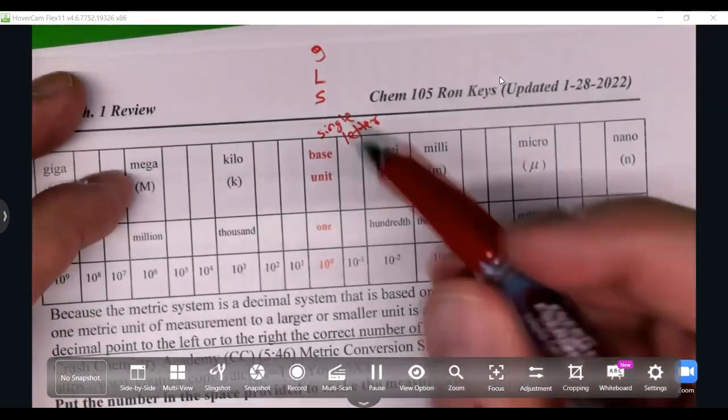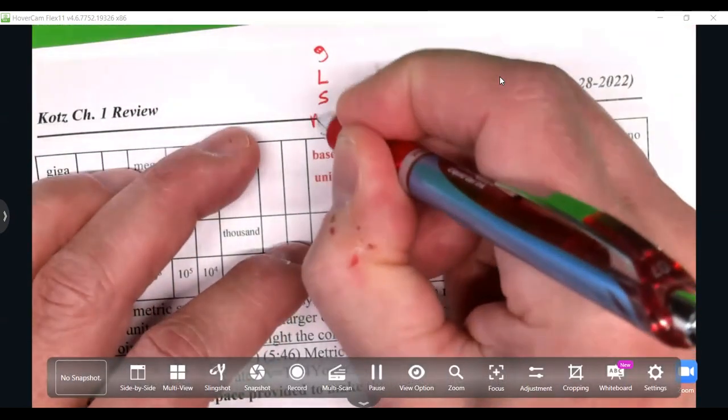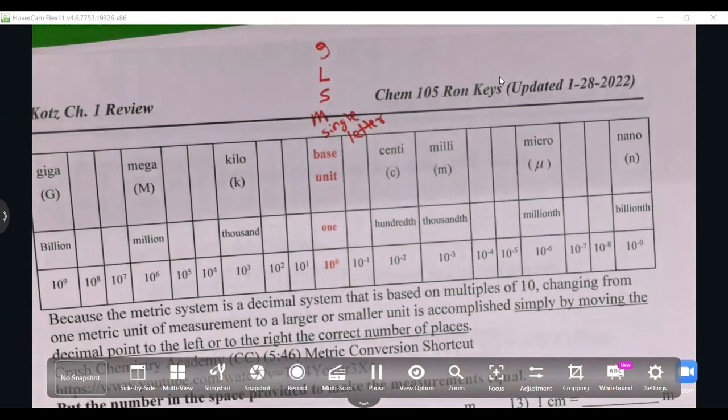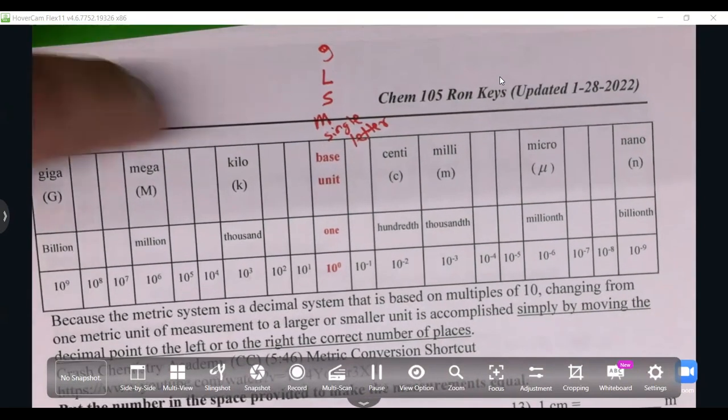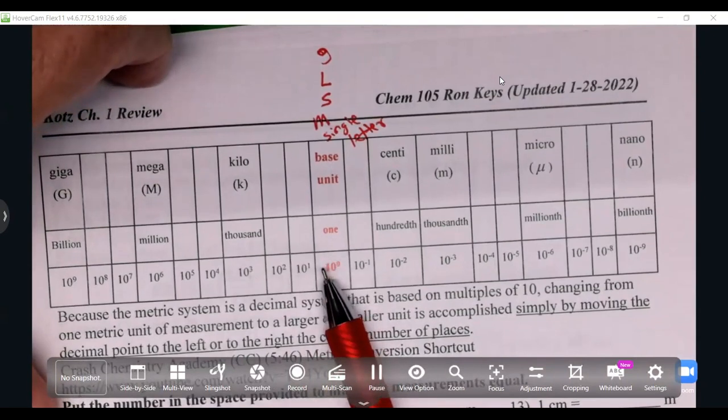You know you have a base unit, a meter. Now, all you have to do is move the decimal the same direction that this chart requires.